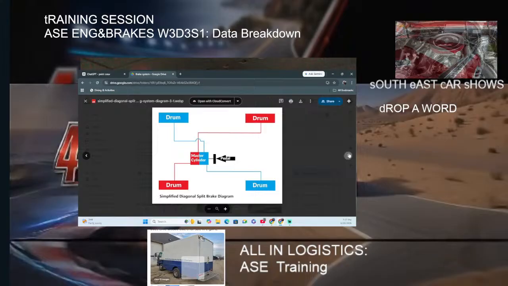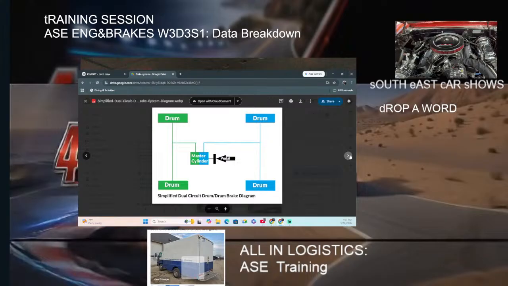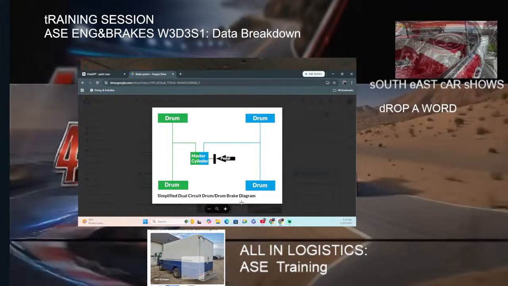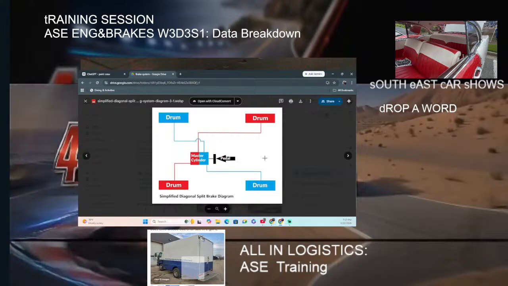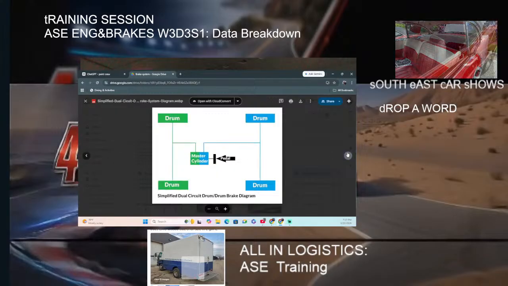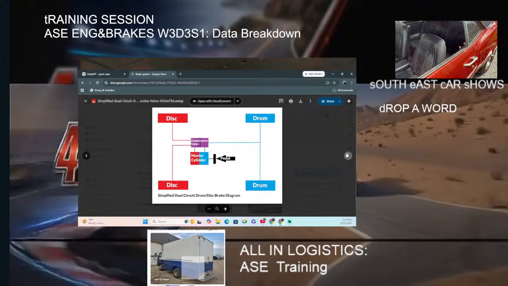Let's move around. Same thing. But this right here is a simplified dual circuit drum. The other one is just a regular split. This is the simplified dual circuit drum.